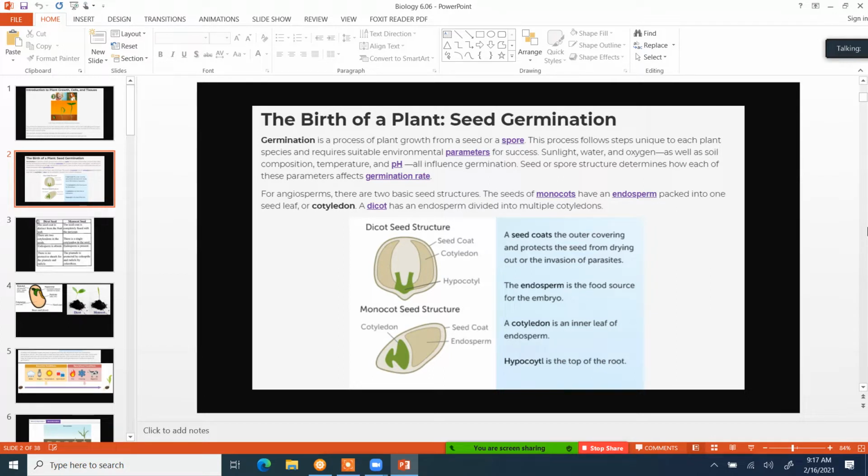Not sure. Anyone over here? Yusuf, do you know what would be the difference between a seed and a spore? The spore comes off of the leaves and stuff, but the seeds are inside.